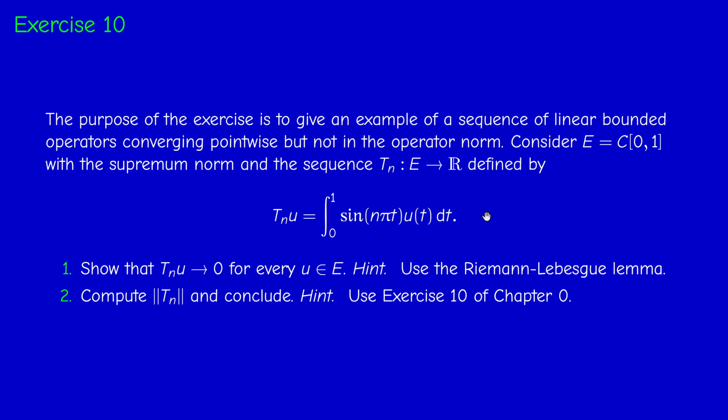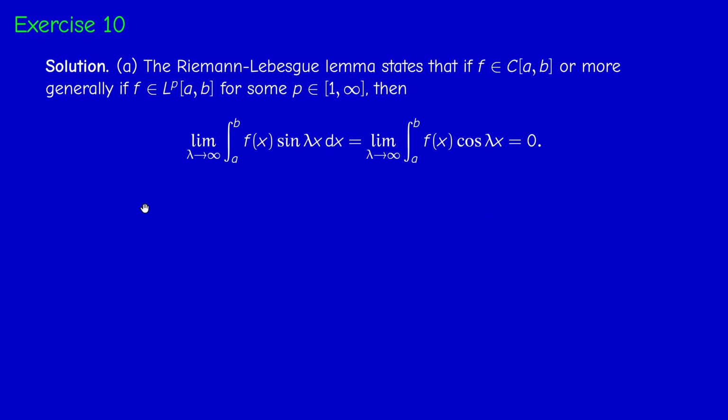Now let us recall the very important Riemann-Lebesgue lemma that you may have encountered. If you didn't, it's okay, I will explain it. It states the following: if f is a continuous function on a closed interval [a, b], or more generally, if f is in L^p, which you studied last year, for some p between 1 and infinity, then the integral of f of x times sine lambda x, and the integral of f of x times cosine lambda x, tend to 0 as lambda tends to infinity.